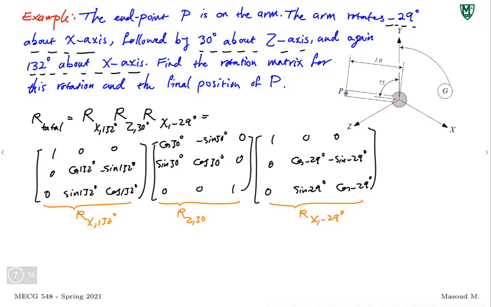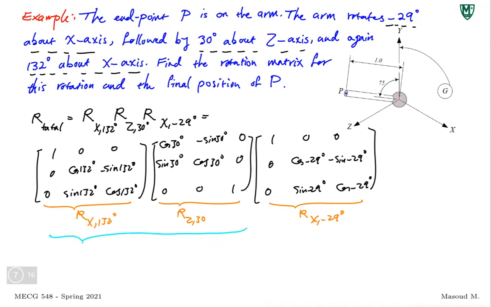But just practice, be comfortable with multiplication of 3 by 3 matrices by hand as well. We are going to use software at some point this semester when things get more messy or we have bigger matrices. But for now, piece of advice: get comfortable with 3 by 3 matrix multiplication.